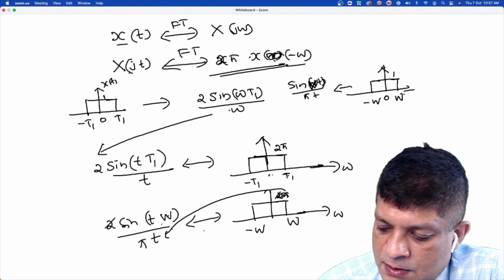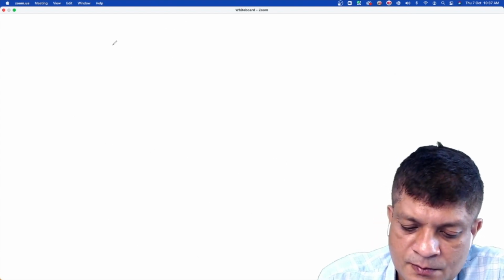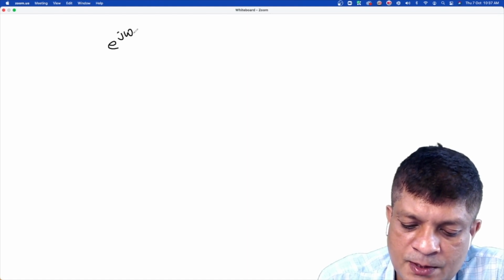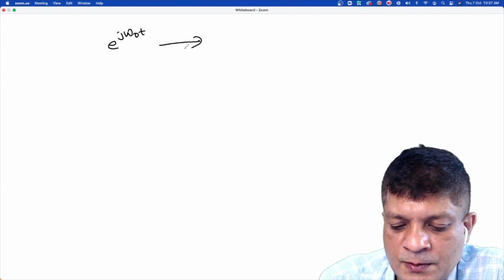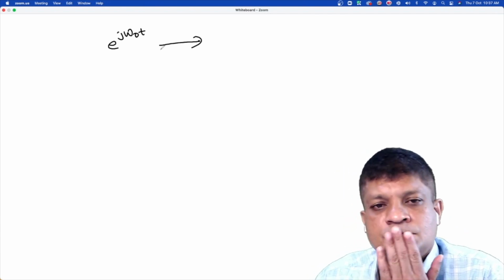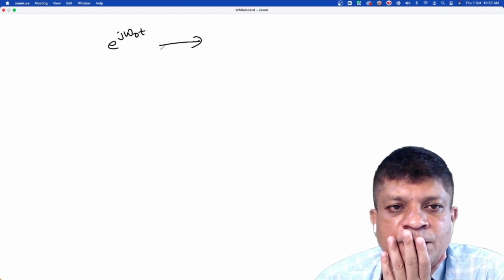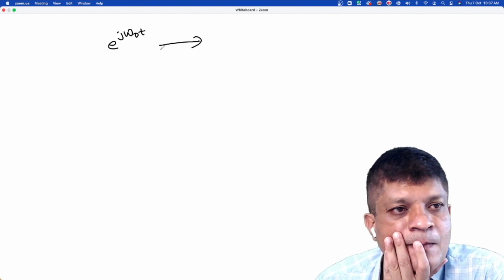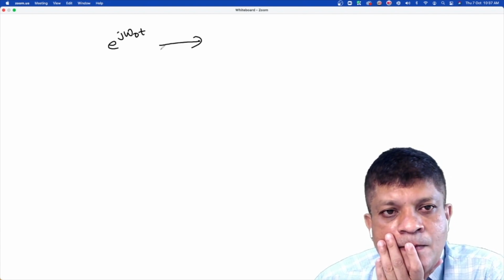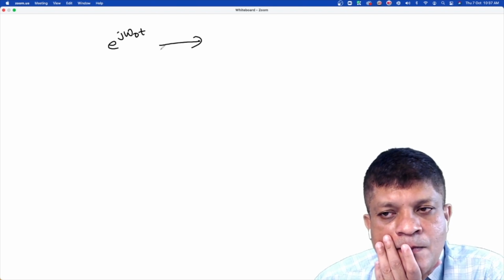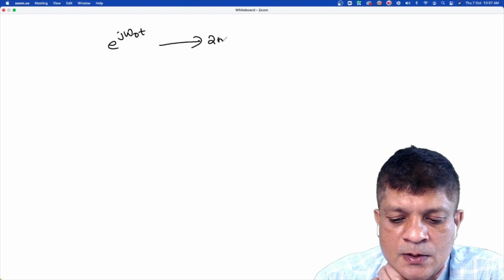Let us consider another example. Let's say e to the power j omega naught t. What is the Fourier transform of this? It is 2 pi into delta(omega minus omega naught).